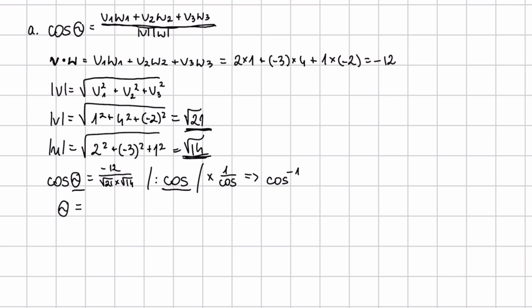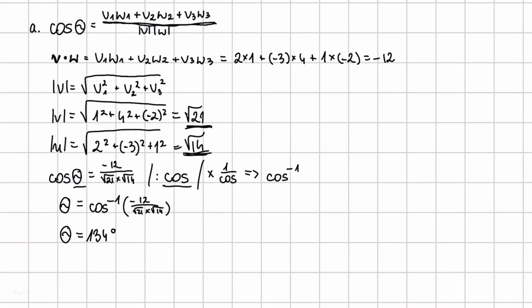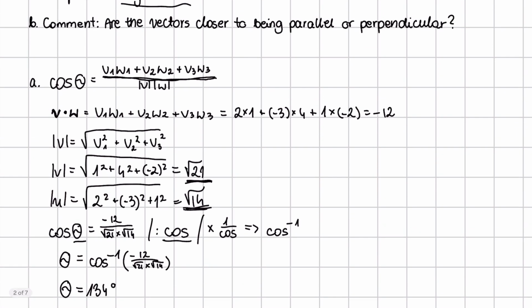So basically we have to type something like this into our GDC, negative 12 over square root of 21 times 14, and we can find our final answer. And our theta angle is 134 degrees.